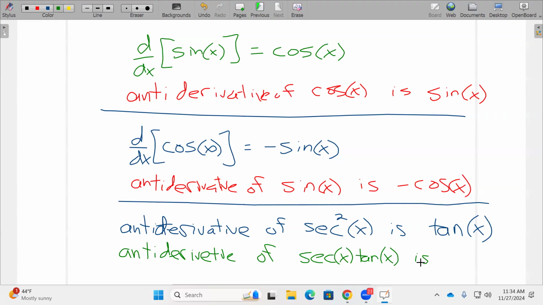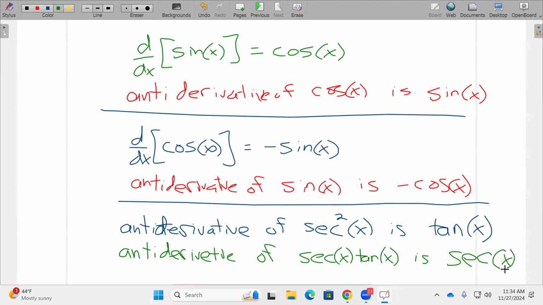Not cosecant, cosecant has a negative. Not the cotangent, that would be negative cosecant squared. The secant. Yes, the derivative of the secant is the secant tangent. So the antiderivative of secant times tangent is secant.